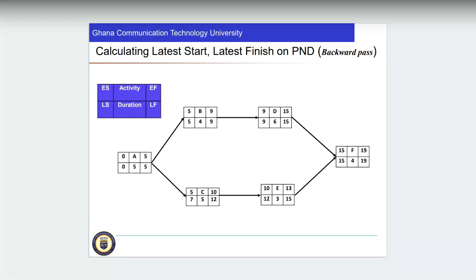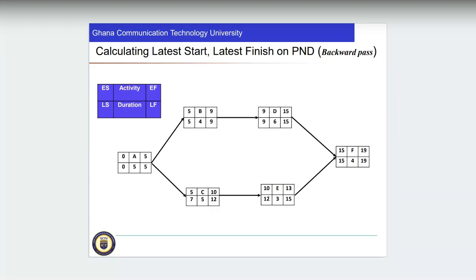Minus 6 and minus 2. Just trying to see where I wrote this. I think it is latest finish minus duration. I'm not sure that is right. Latest finish minus the duration. Yes, I wrote it somewhere.